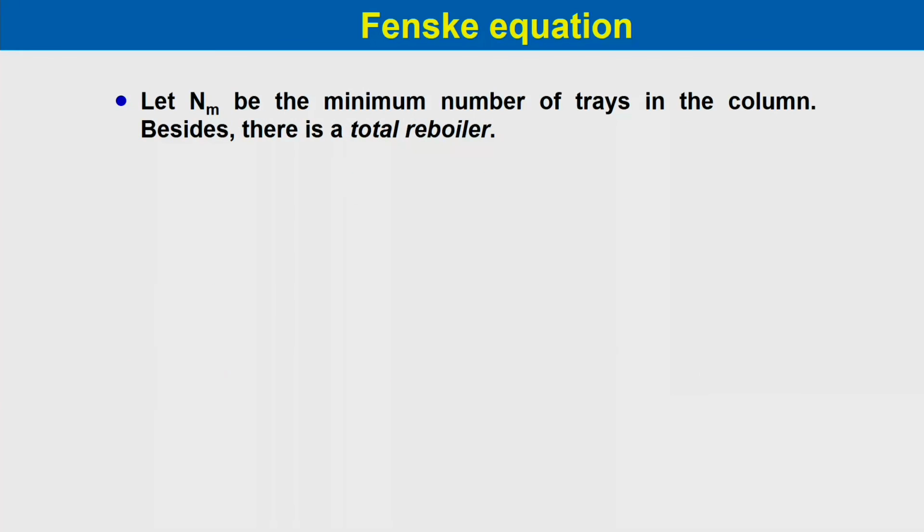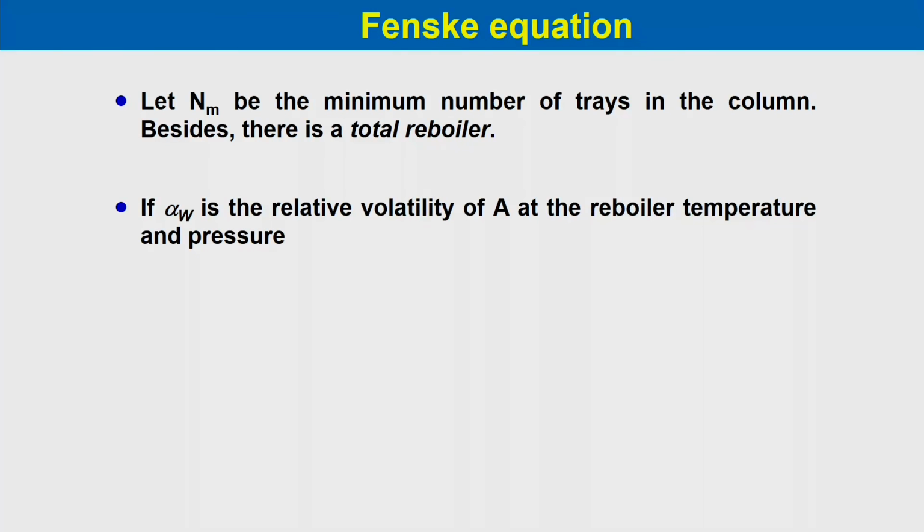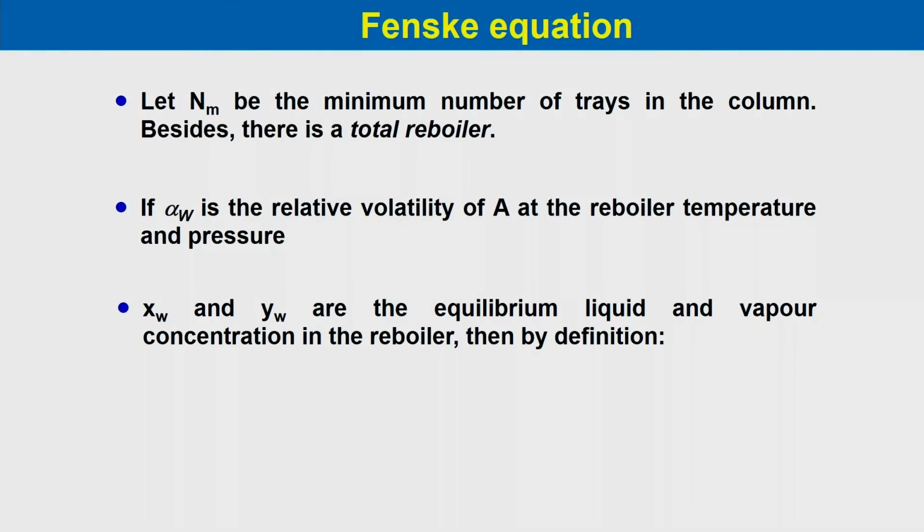Now, let Nm be the minimum number of trays in the column, besides there is a total reboiler. If alpha W is the relative volatility of A at the reboiler temperature and pressure, XW and YW are the equilibrium liquid and vapor concentration in the reboiler, then by definition we can write YW by 1 minus YW would be equal to alpha W into XW by 1 minus XW.